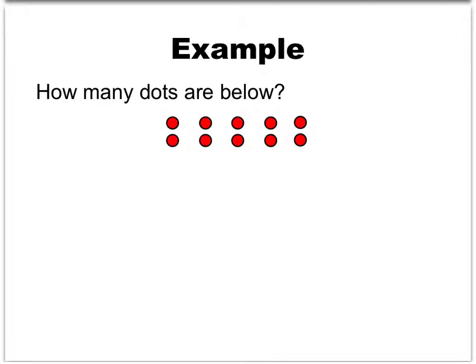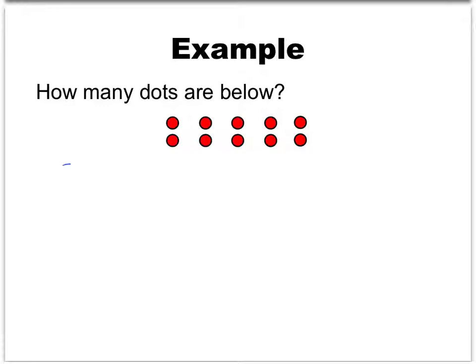So let's start off with a simple example that's going to motivate a couple of different interpretations of multiplication. Question: how many dots are in this picture below? Well, we could obviously count them, and we'd see we have 10 dots. That's easy to do. Another way is to say that right here I've got 2 dots, and 2 dots, and 2 dots, and 2 dots, and 2 dots.